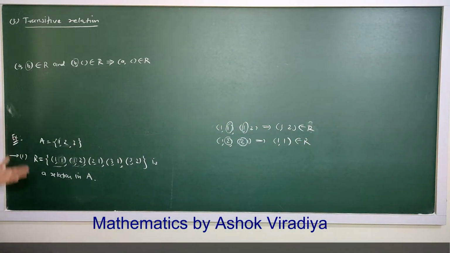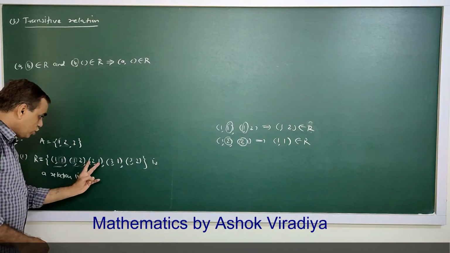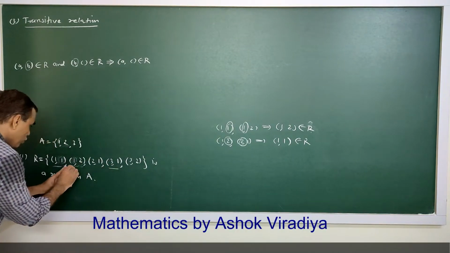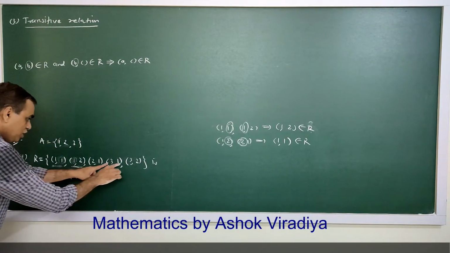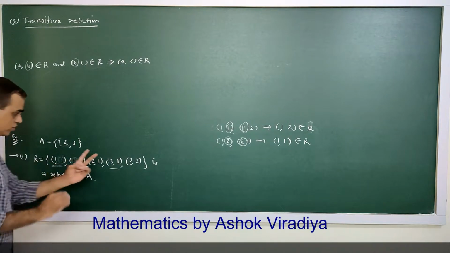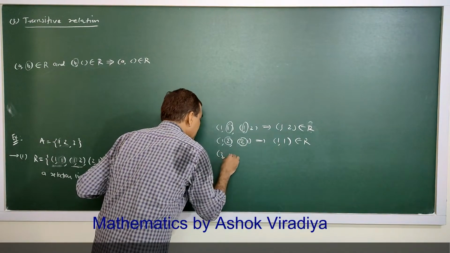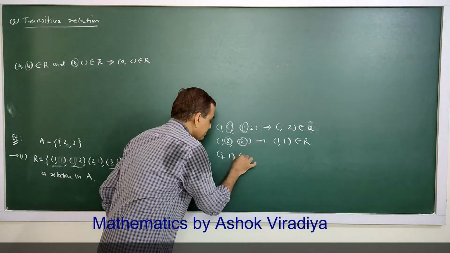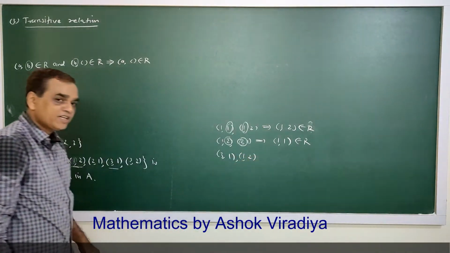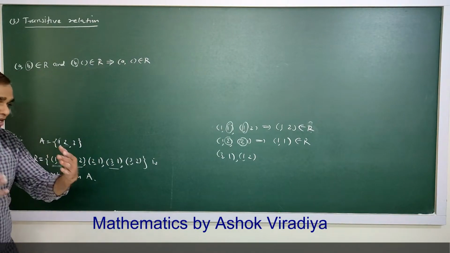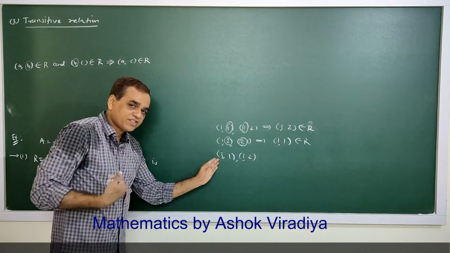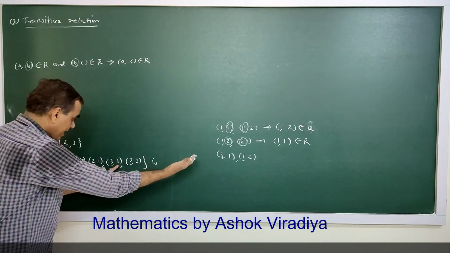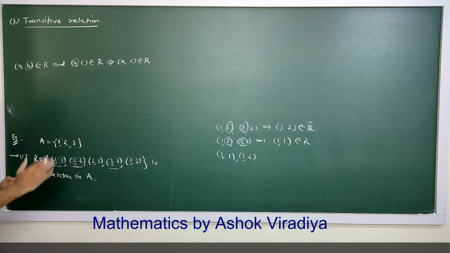We check. Suppose I take here (3, 1), (1, 2). See, (3, 1) is on the right side, (1, 2) is on the left side. Whenever you select two elements, it does not mean that the first element is always from the left side and the second from the right side. So in this pair, (3, 1) is on the right side and (1, 2) is on the left side.